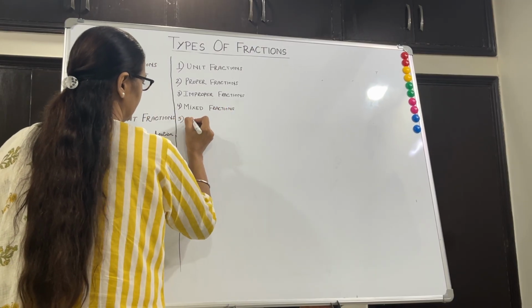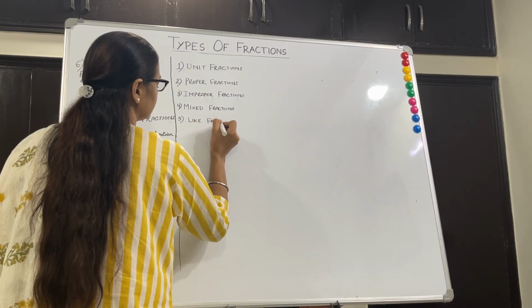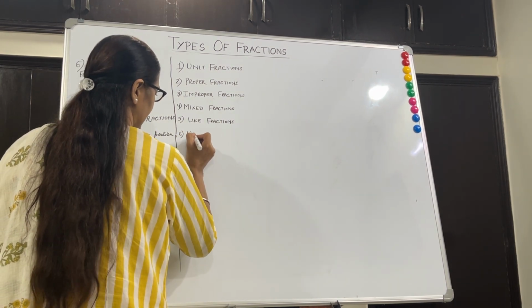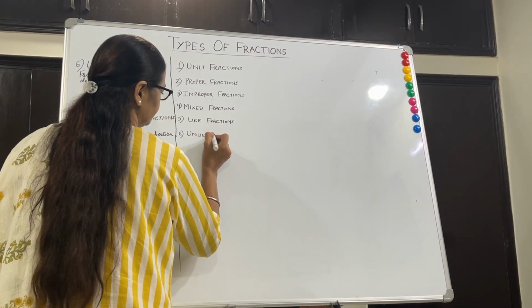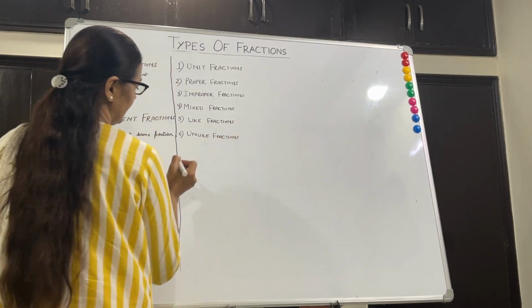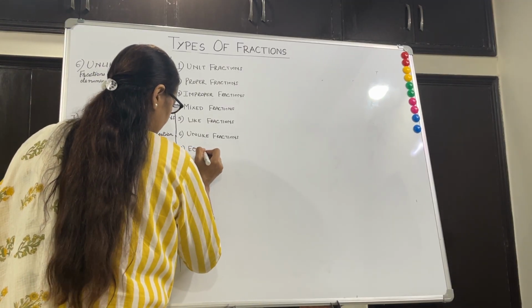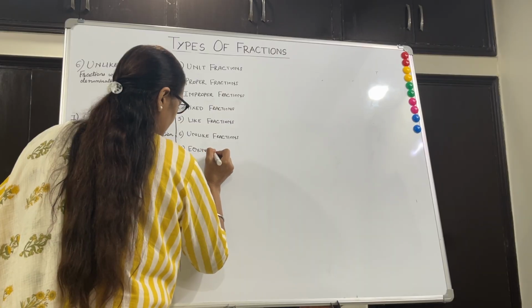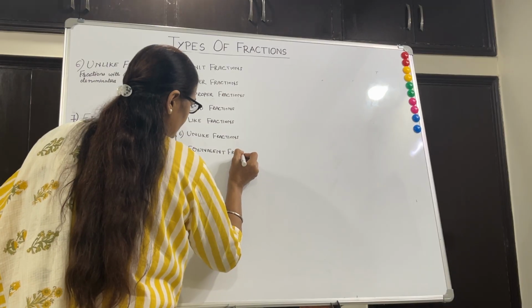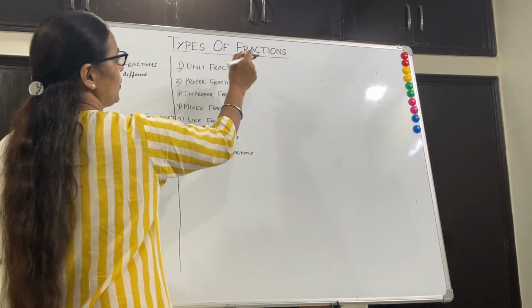Fifth type, like fractions. Sixth one, unlike fractions. And seventh and the last one, equivalent fractions.